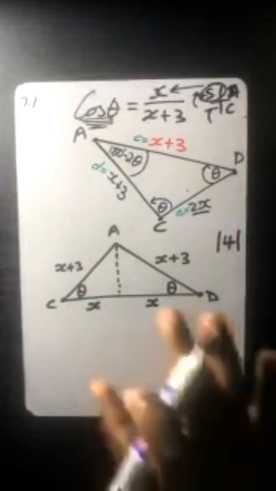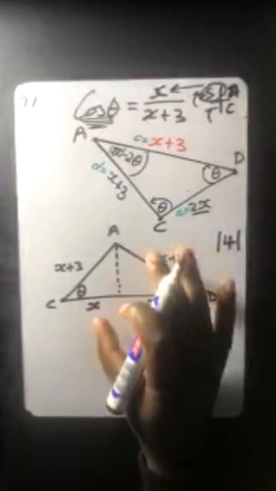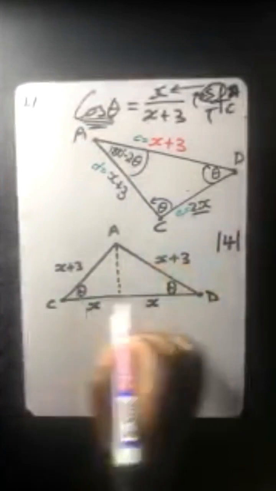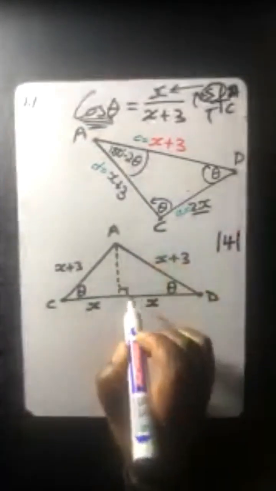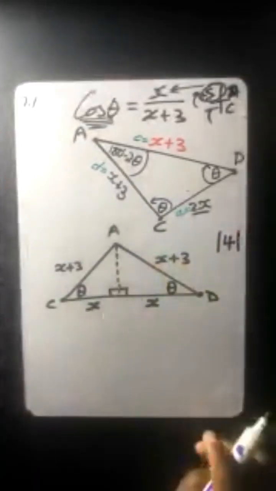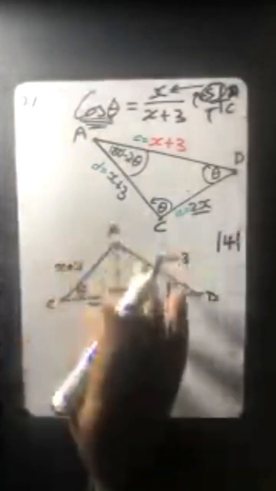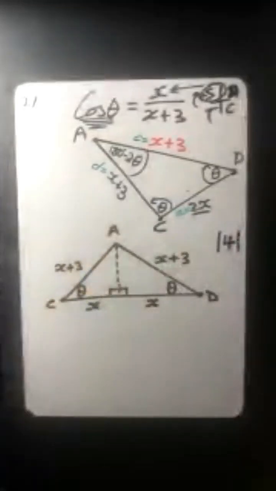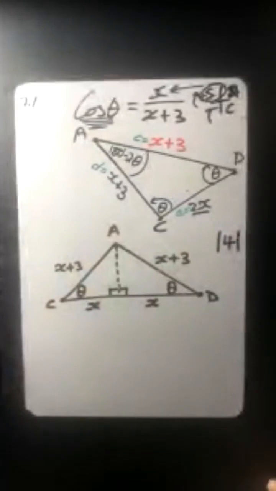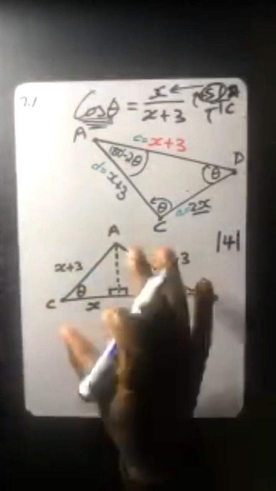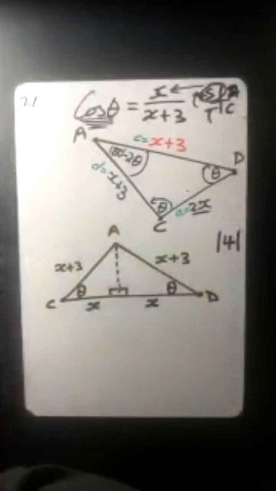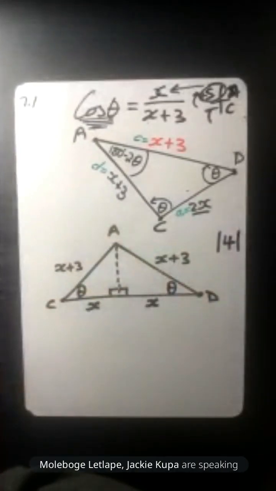I'm doing this because when you have an isosceles, the angles are the same, meaning you are having a 90 degree there. So this triangle is exactly the same as that triangle. I'm not sure if I'm losing you guys on that one up to this point. Are we still together there? Yes, sir, we are together.